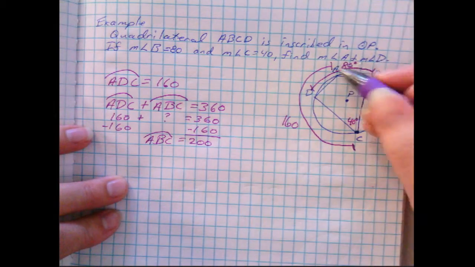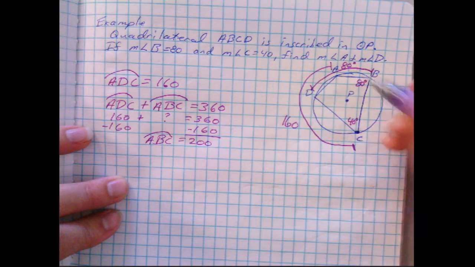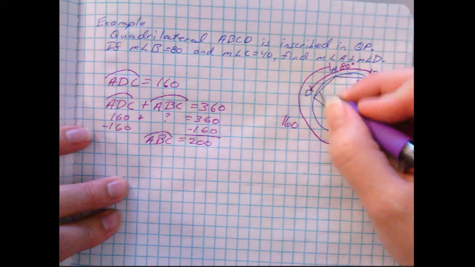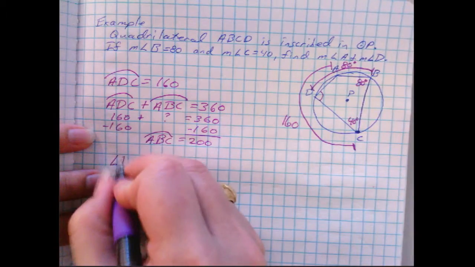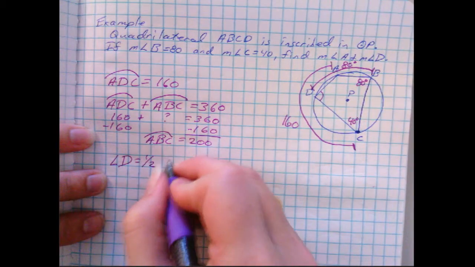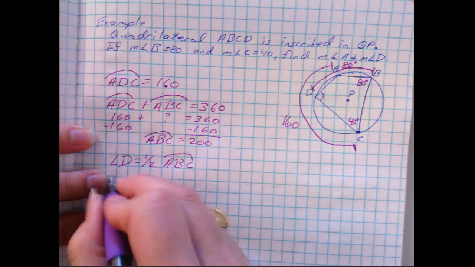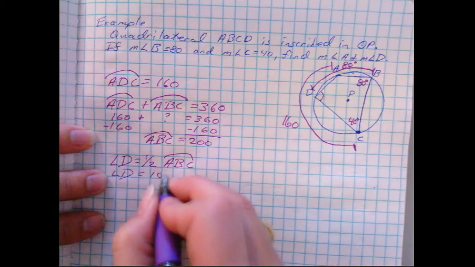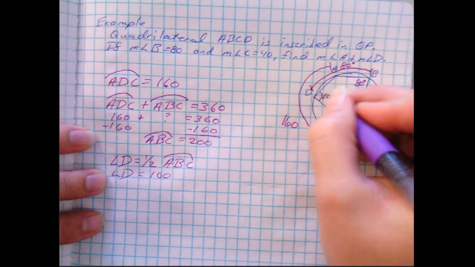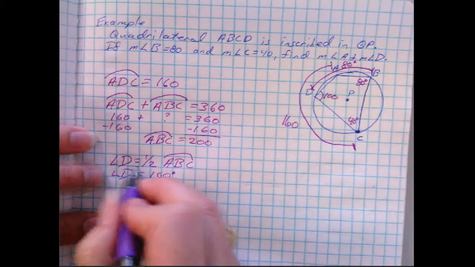So if ABC is 200, then angle D is half of that. Angle D equals half of ABC, so angle D equals 100. So this is 100 degrees.